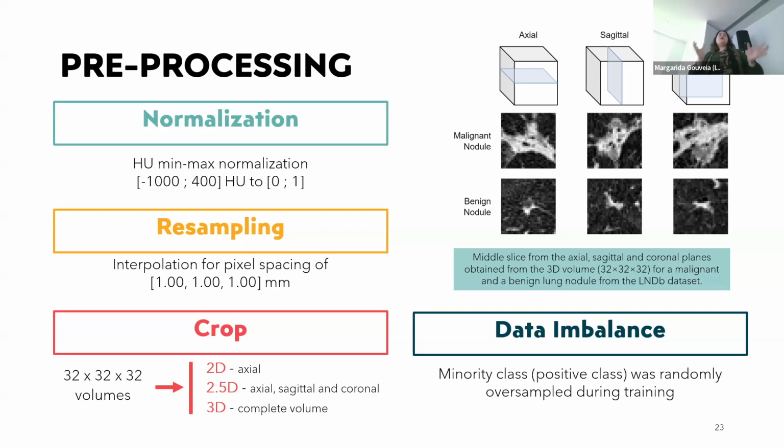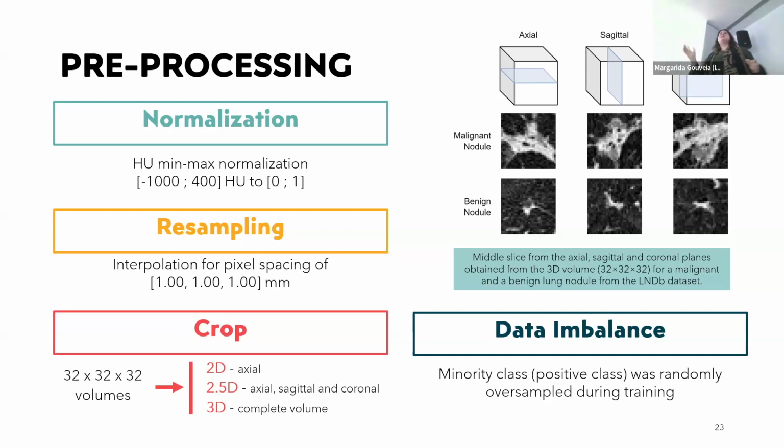For example, we can associate the HU value with a type of tissue, or with water, with air. Sorry. So we did the normal normalization when we want to analyze lungs, normalized to 0 and 1. And resample, sorry, I was missing concepts.